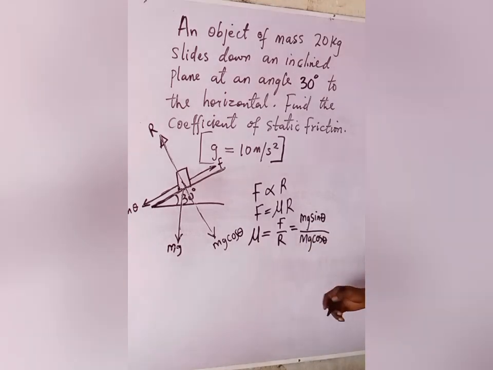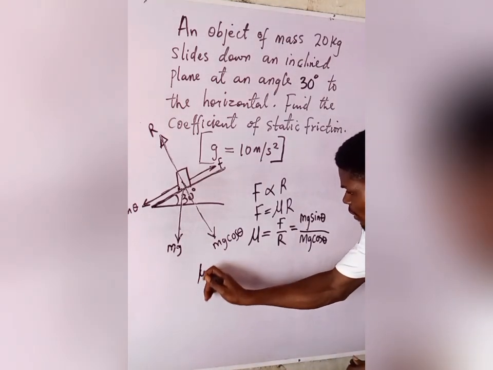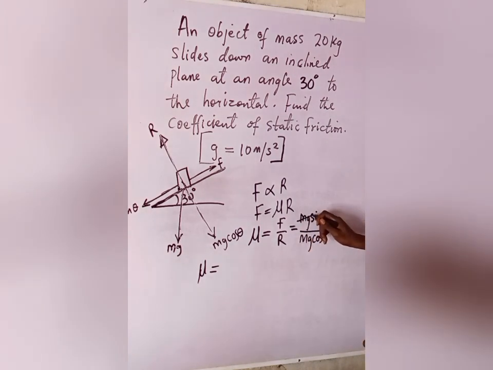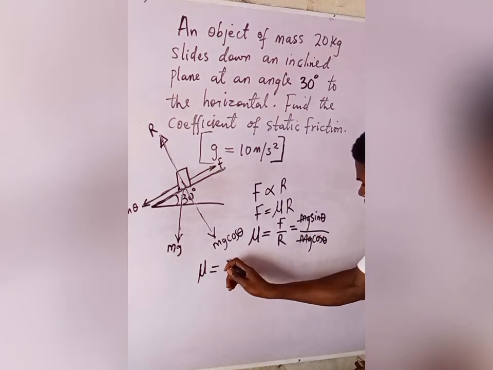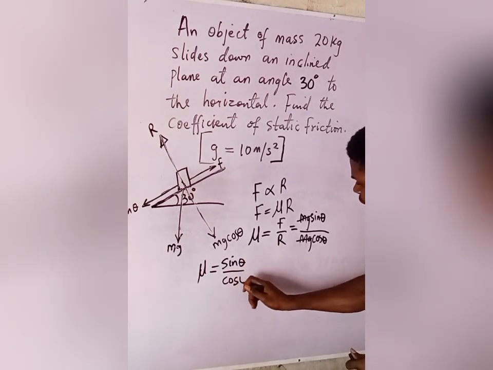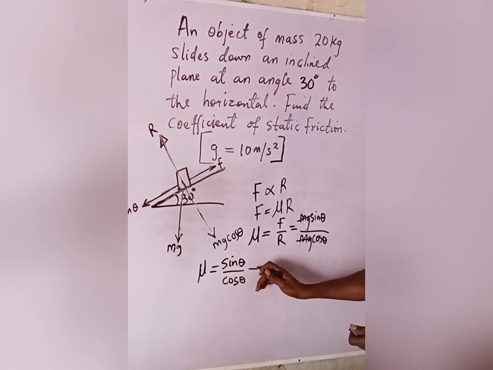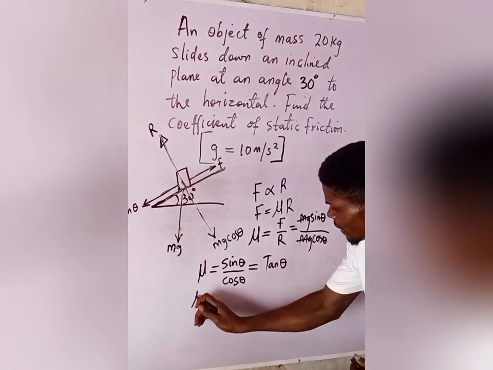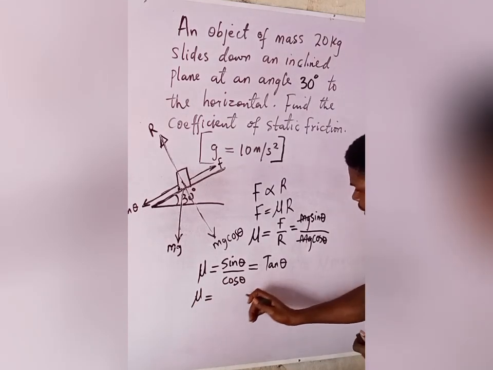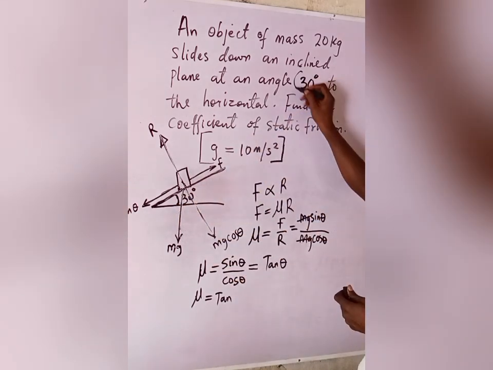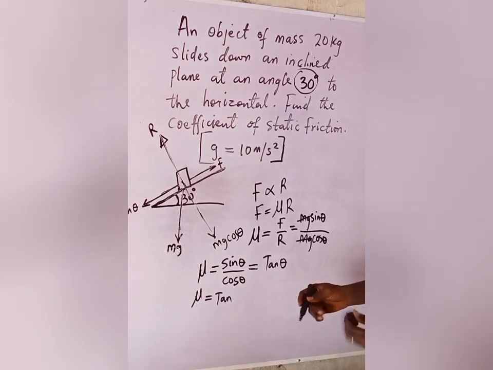Okay, so simplifying further, we have that our mu, the coefficient of static friction, is equal to, of course, this mg here will cancel this mg here, and what we have left is sine theta over cos theta. Sine theta over cos theta from your trigonometry is equal to tan theta, all right? So our coefficient of static friction is equal to tan theta, in this case 30 degrees, that's the angle of inclination of the plane to the horizontal.